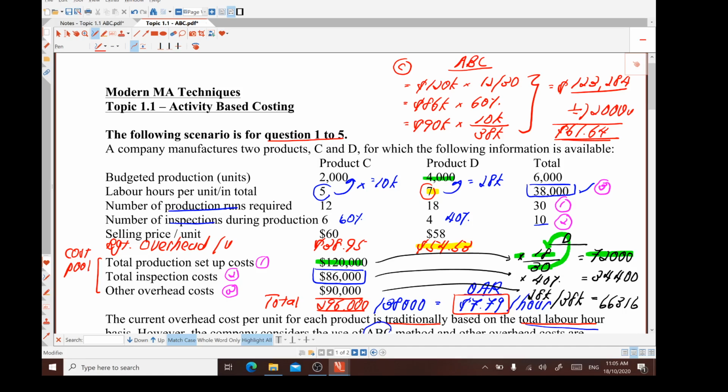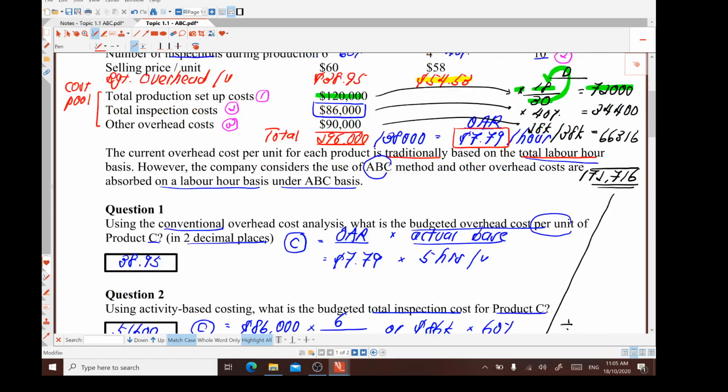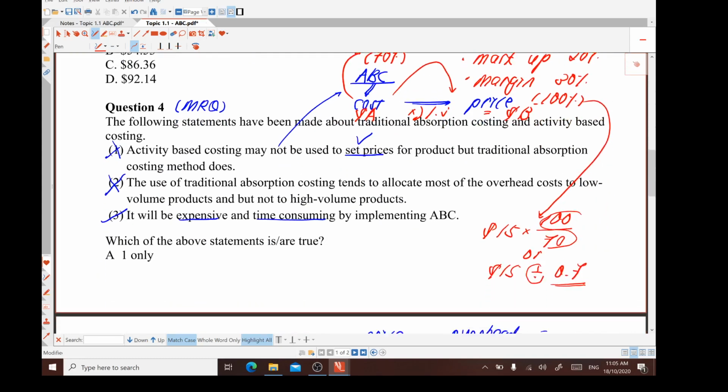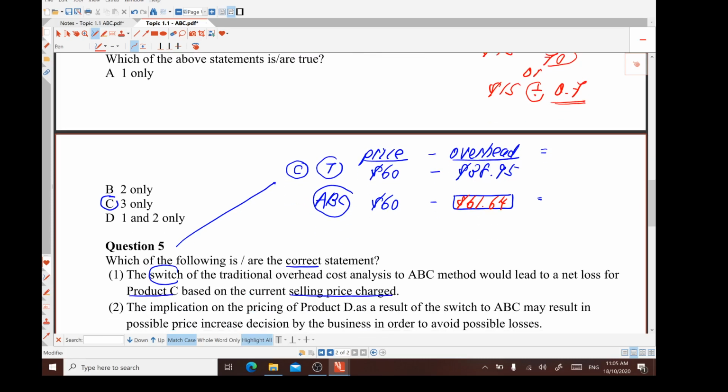So we're going to post back right to the next page. Okay. So we're coming back to here. It's quite straightforward, isn't it? Right, so I created the question myself in which I'm trying to bring out more scenarios. So it's going to be a profit or loss. That's a good question. Now, price minus overhead cost, this is still a profit.